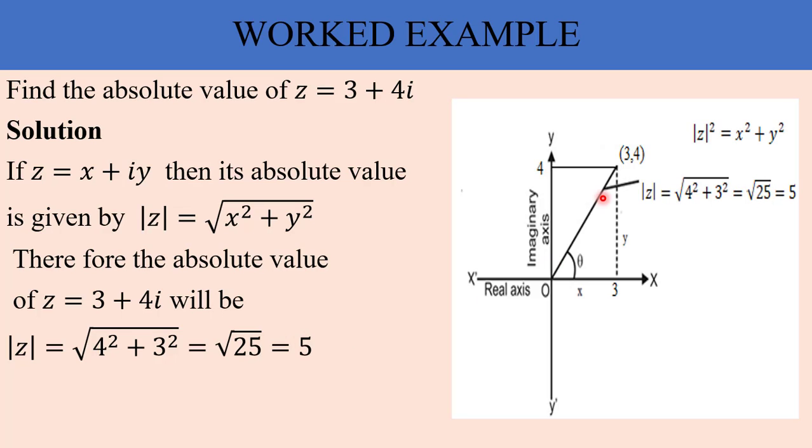And this can also be worked out by first presenting the complex number on the Argand diagram. So here we present z equal to 3 plus 4i on the complex plane, or Argand diagram, and this can be done by identifying the real coordinate and the imaginary coordinate, whereby our real coordinate is 3 and the imaginary coordinate is 4.